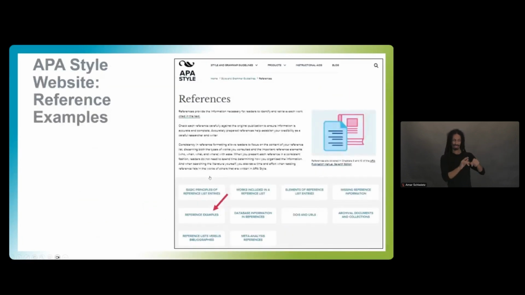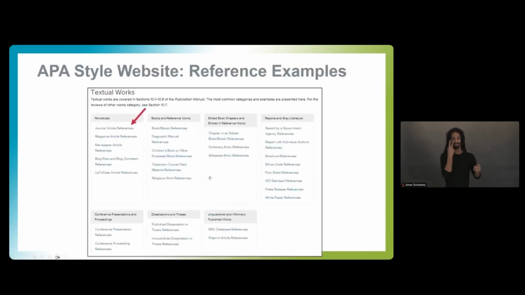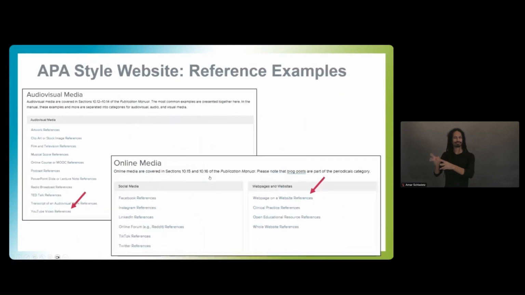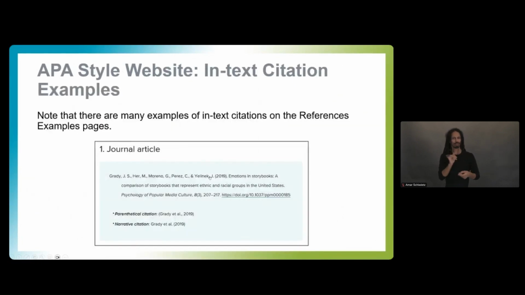Once you go to the References page, we highly recommend going to Reference Examples. Across the reference examples, there's a range of different source types, and then some templates on what this would look like. So over here, we have an example of a journal article.